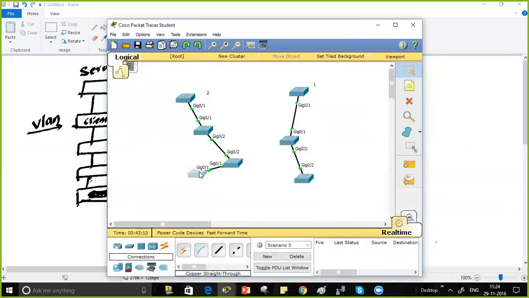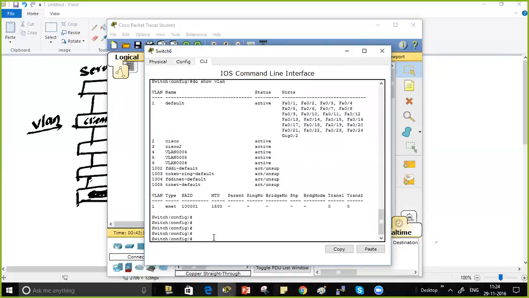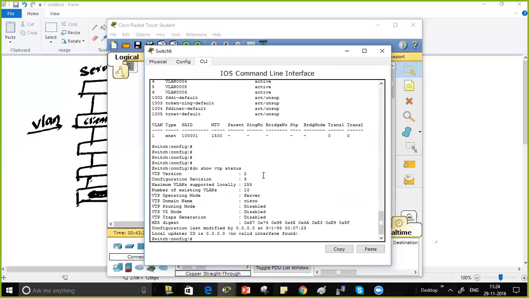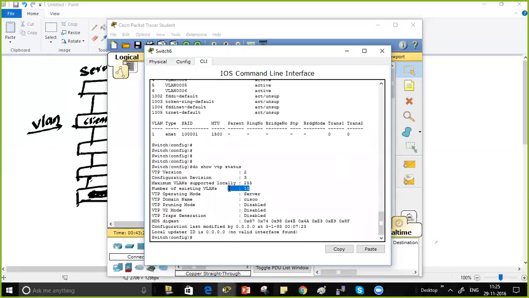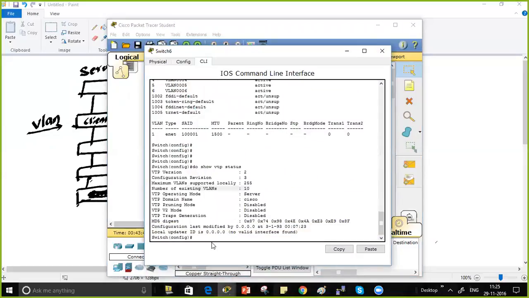All are changed to 9, right? When I configure in the server, it now has the highest revision number. VTP status. See this? It has a yes, right? I forgot that this is the server, right? Whenever I change this server, it will maintain. Now it will maintain the VLAN information.